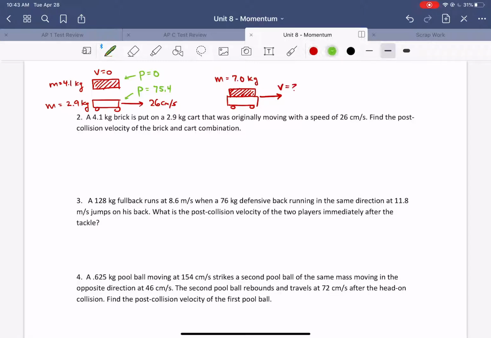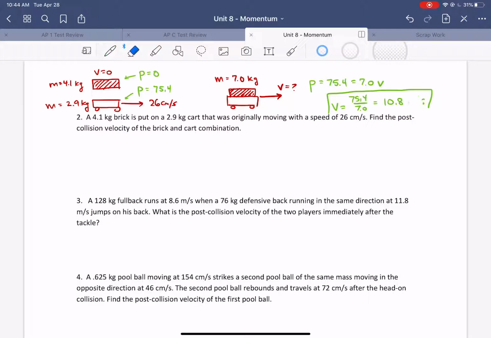Well, we know the total momentum before the collision is 75.4, so the momentum after the collision must be 75.4 as well. And that is going to equal the mass of the object multiplied by velocity. So our velocity is 75.4 divided by 7.0, and we get 10.8 meters per second.